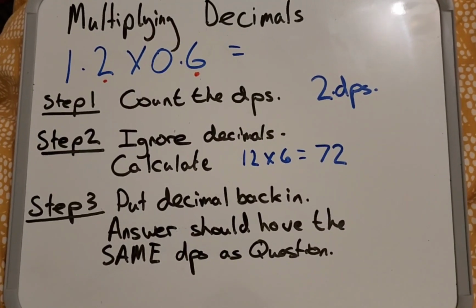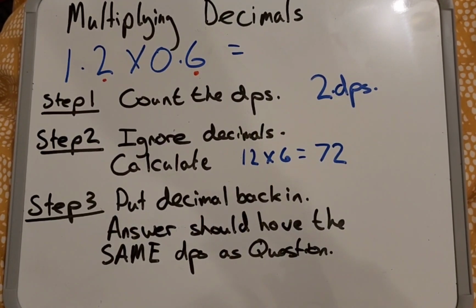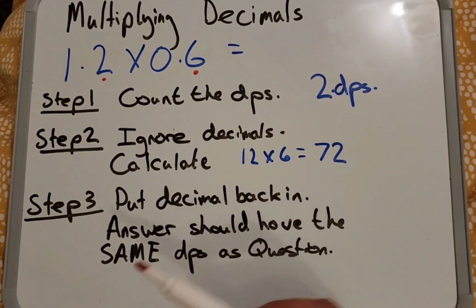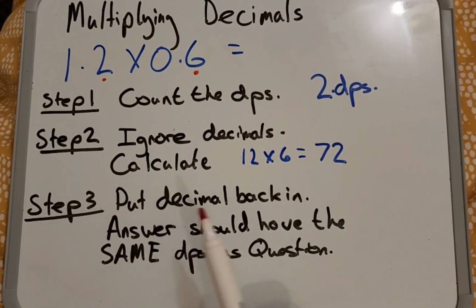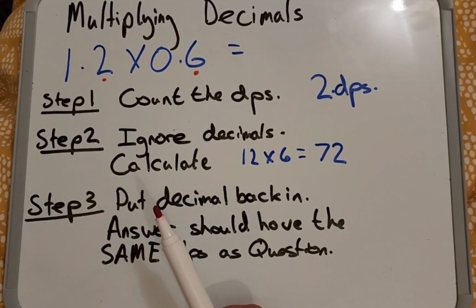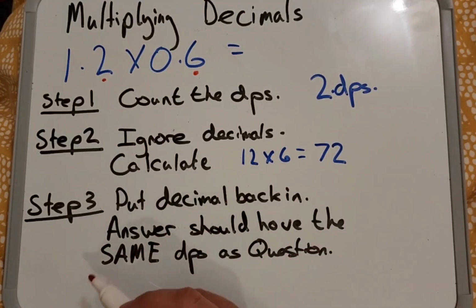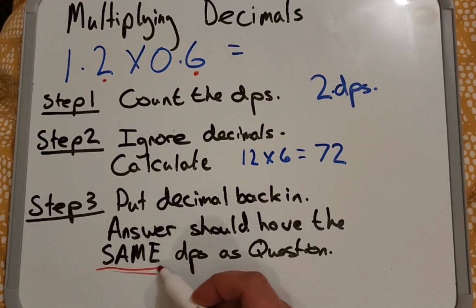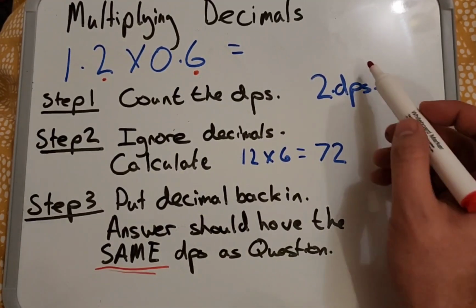Well, there's 3 steps. So what's step number 3? Now we've ignored the decimal places, and we have an answer for our calculation, 12 times 6. What I'm going to do in step 3 is go ahead and put the decimal points back in, put the decimals back in. So our answer should have the same number of decimal places as the question.